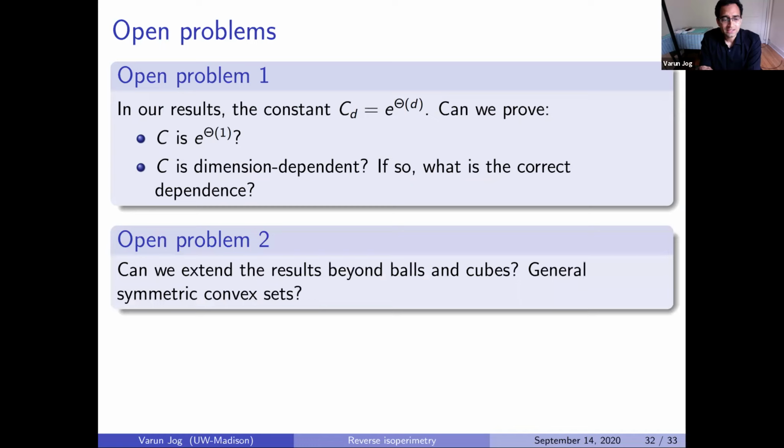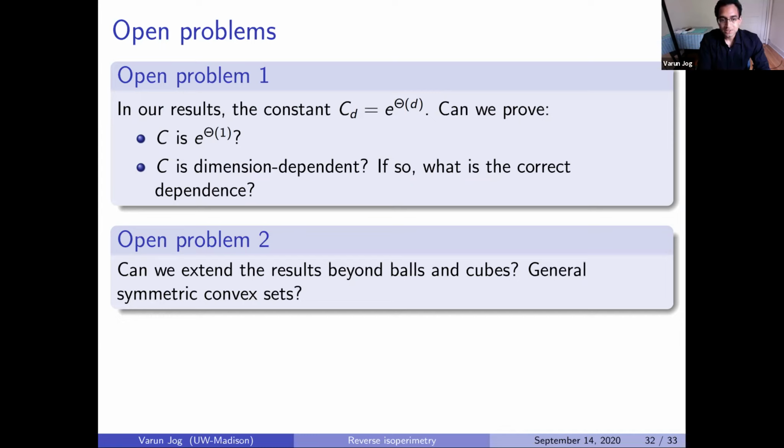The second is, the results that I showed were for Euclidean balls and cubes, and they used the geometric properties of balls and cubes quite heavily, like inscribed angle theorems, or the fact that balls or cubes only have vertical, horizontal, or axis-aligned line regions on their boundary.